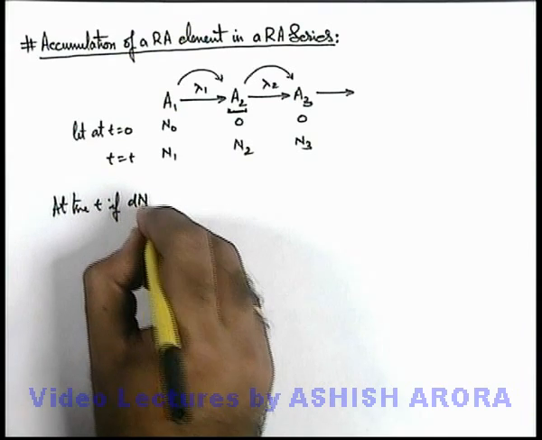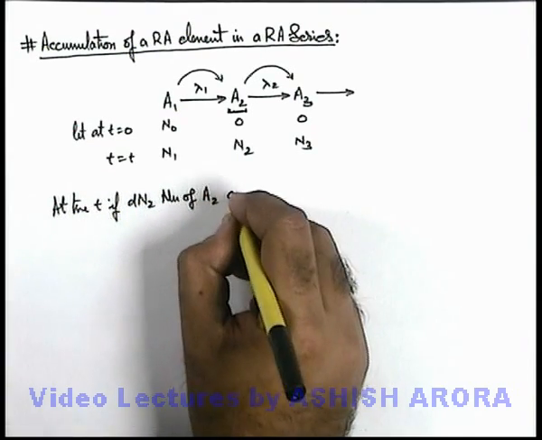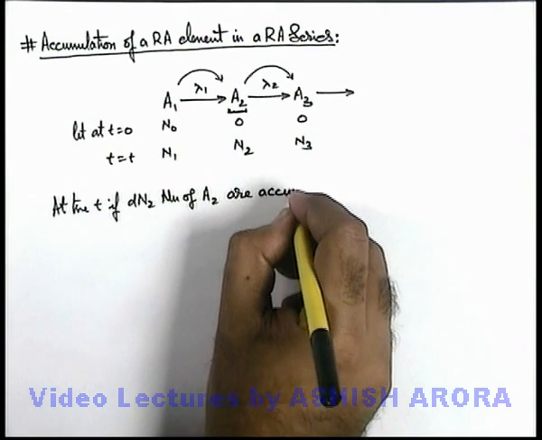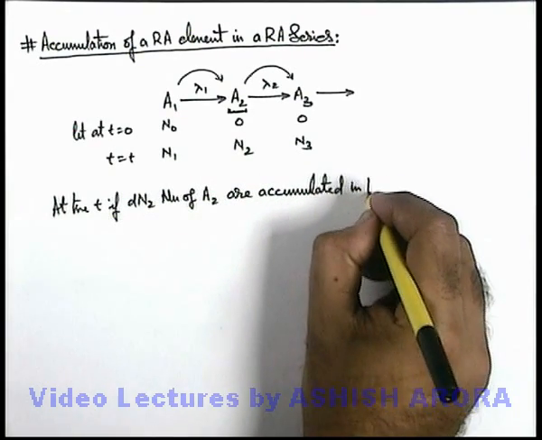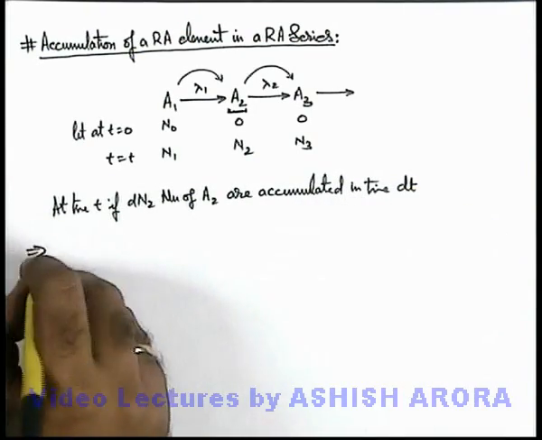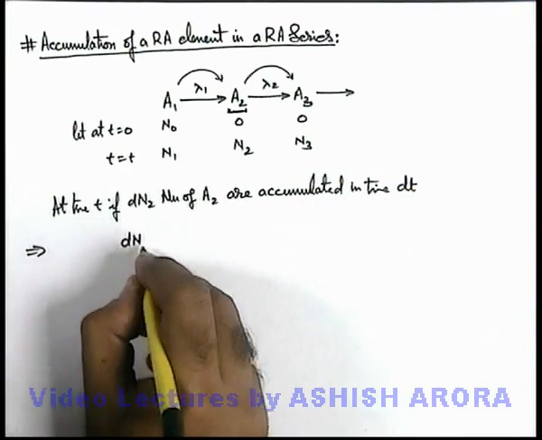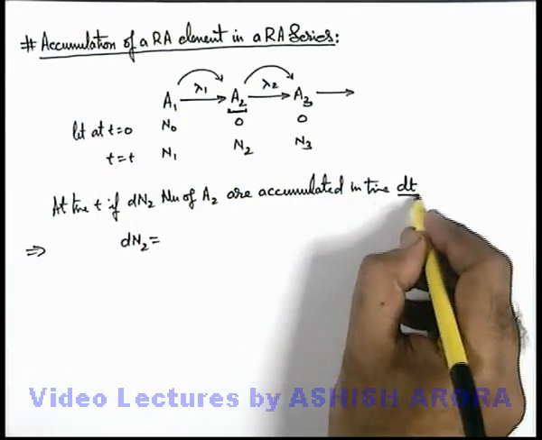if dn2 nuclei of A2 are accumulated in time dt, this implies dn2 will be the number of nuclei of A2 which are accumulated in time dt.